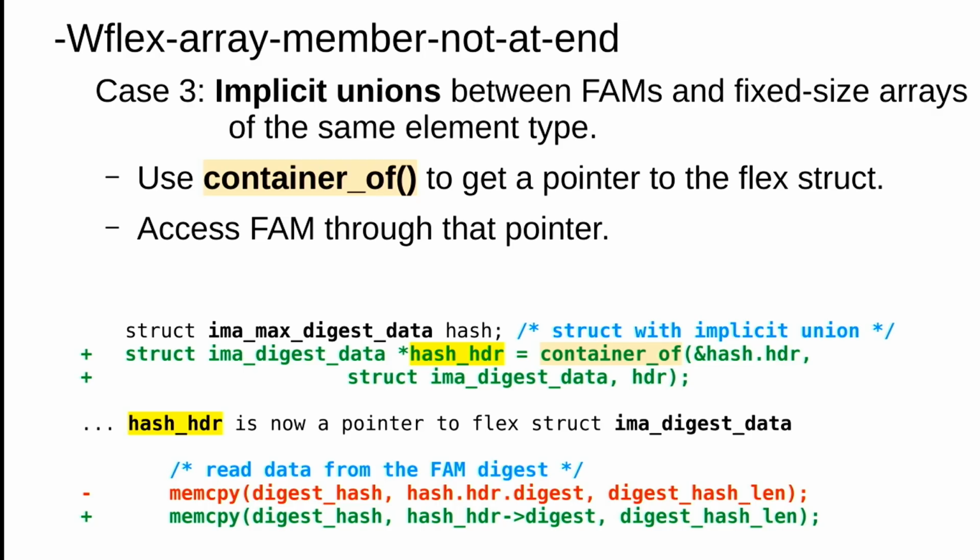We pass the address of the flexible structure, and we pass the name. This header identifier was created at the same time that we used struct_group. And at the end, once we have the address of the flexible structure, we can just dereference the flexible array member. And with that, we gain access to the flexible array member, and that's basically the trick behind this problem.